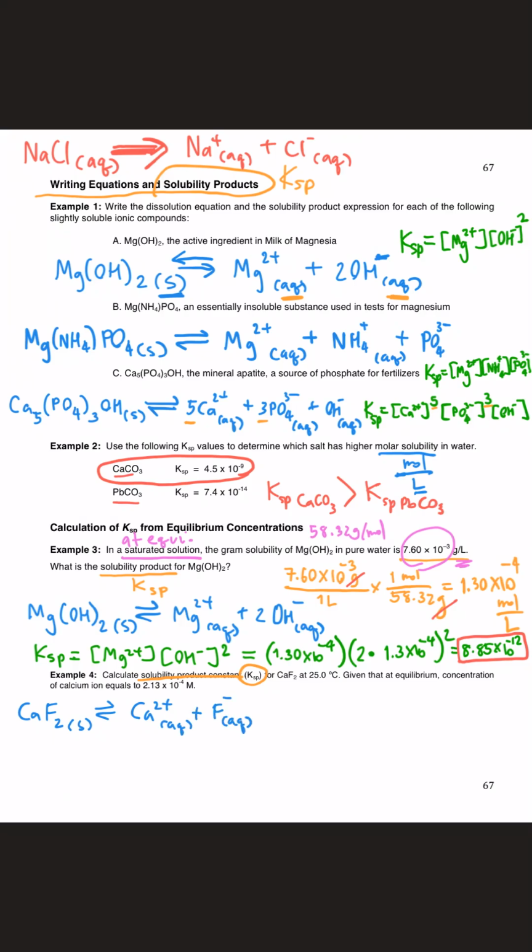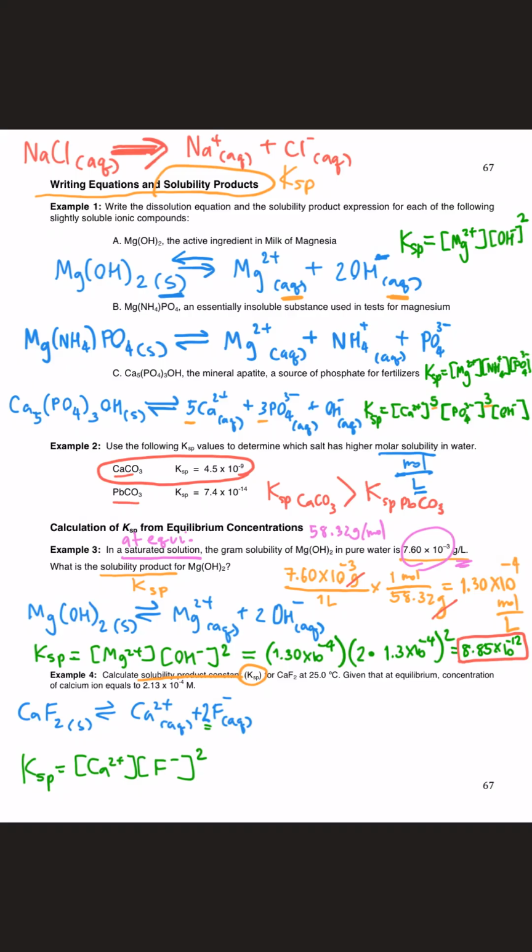But there is a subscript 2, so you will need to add 2 in front of the fluoride ions. And the KSP expression for this would be only the product concentrations, so it would be calcium ions multiplied by fluoride ions squared. Because of the coefficient, that's why you need to raise it to the square.